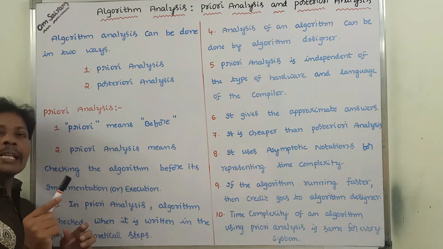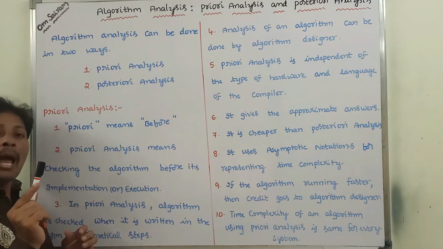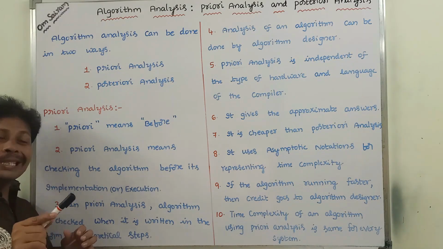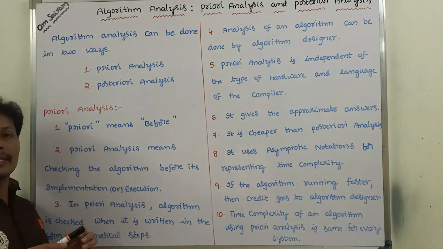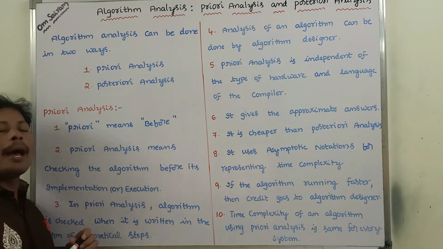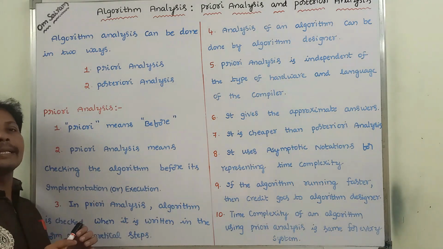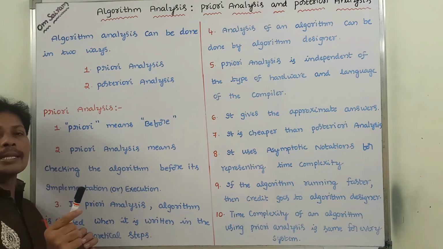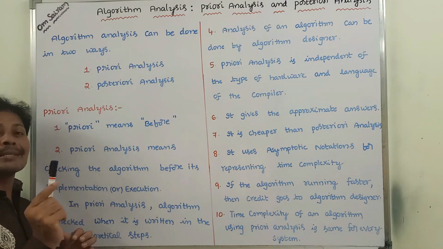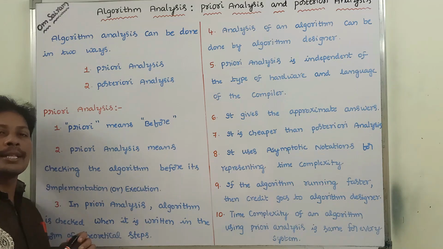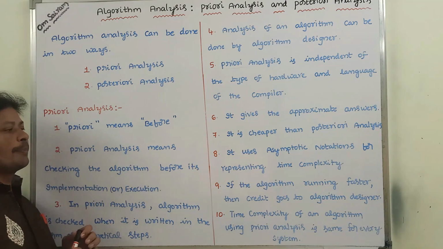After calculating the time complexity manually, we use asymptotic notations to represent it. Hence, priori analysis uses asymptotic notations for representing the time complexity of an algorithm.